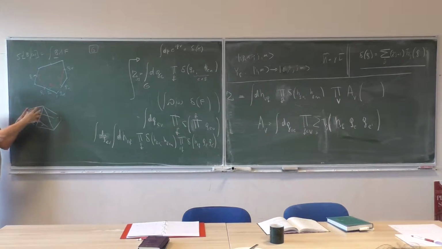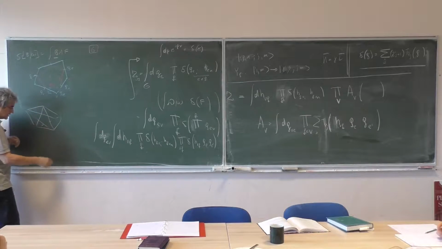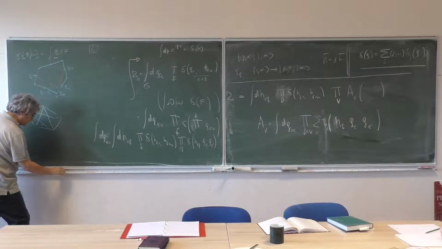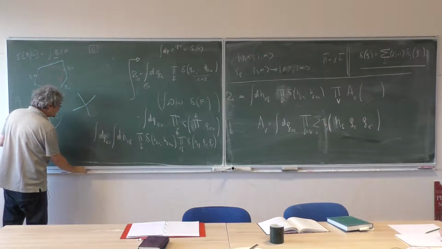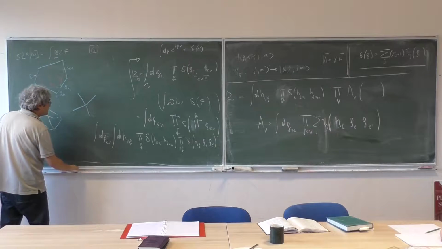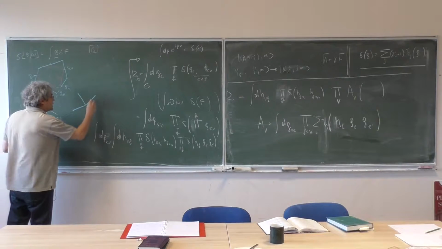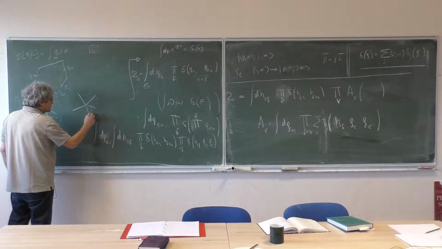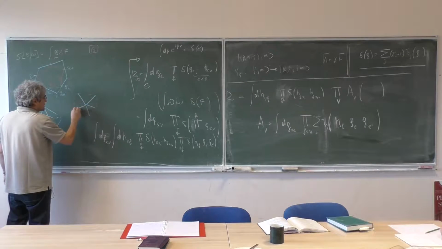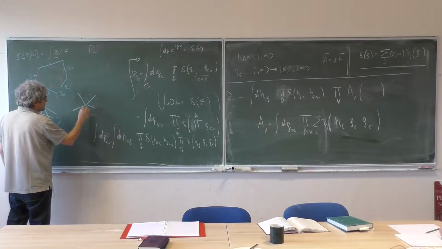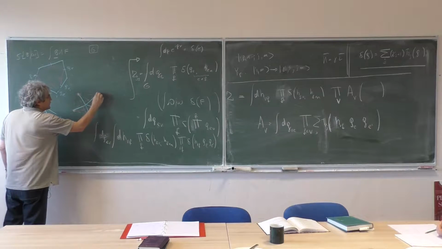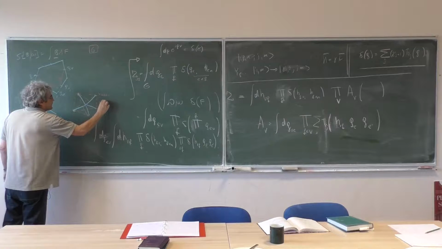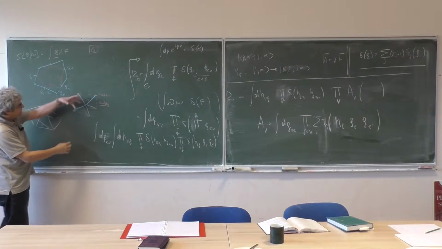Its boundary is a three-dimensional surface, which is triangulated. On the boundary I have the vertices, the edges, and if I cut here, I have a graph with nodes and links. So I have a spin network on the boundary.